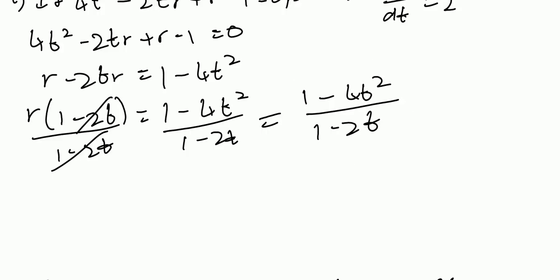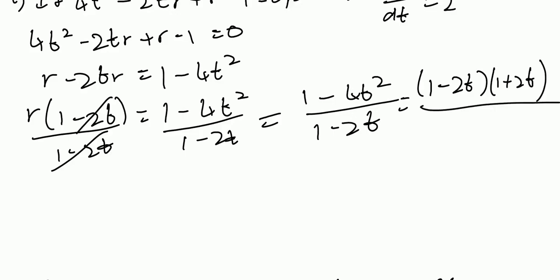No, because we can see that we can factorize the numerator. So when factorizing the numerator, we are going to say we have 1 minus 2t, 1 plus 2t, over 1 minus 2t. So 1 minus 2t cancels 1 minus 2t. That means our equation is r is equal to 1 plus 2t. Is our equation in the form r is equal to? Yes. Now we can move on to differentiating.